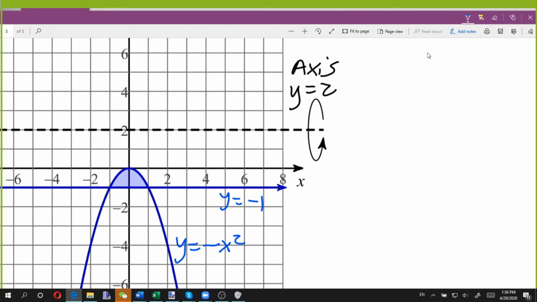So with all that, I'm rotating about a horizontal line.